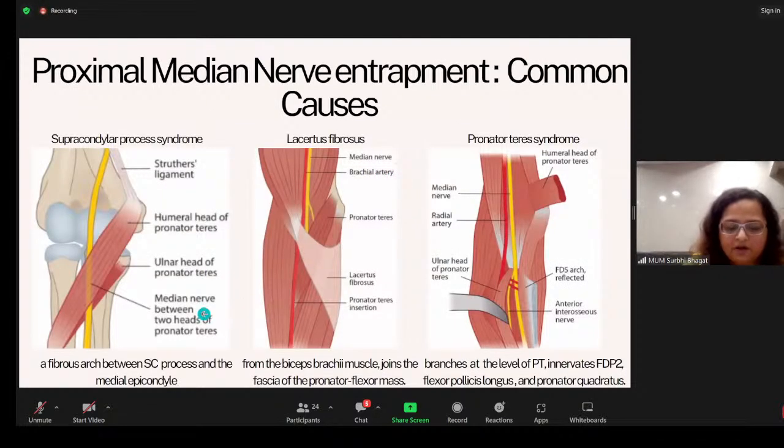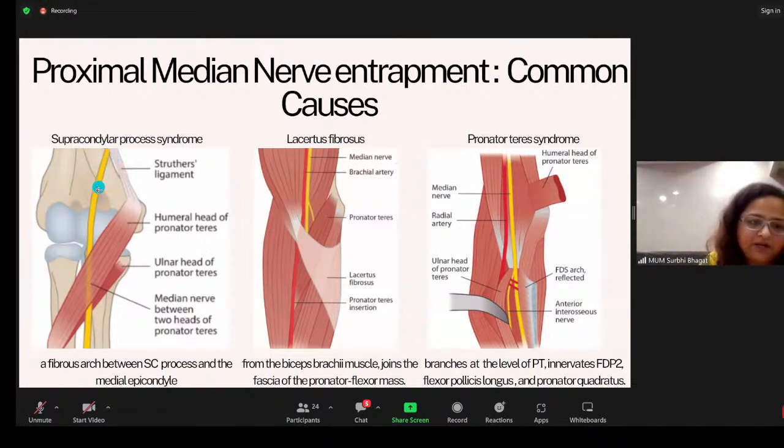So this slide here is very important; from left to right, it covers most of the common causes of proximal nerve entrapment. Right from the left, you can see the supracondylar process here. It is a 3 to 4 centimeter bony spur above the medial epicondyle. It is not present in all people, but even if it is not present, the ligament of Struthers may be there, which may be the cause of the compression.